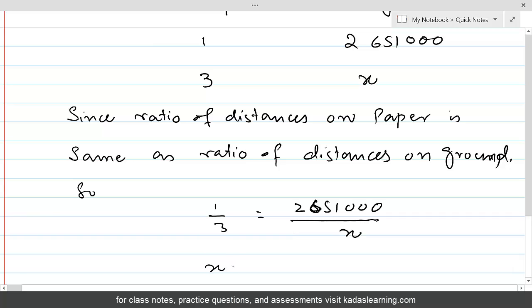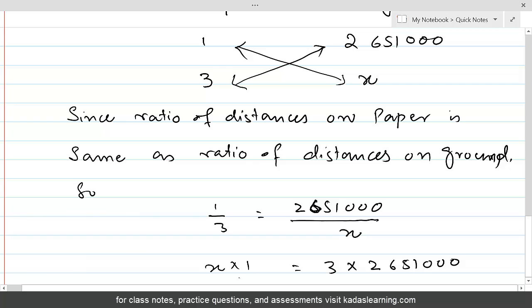So this will be x times 1 is equal to 3 times 2,651,000. And you see that if you were to follow this cross multiplication, this would be the same thing. 1 times x is equal to 3 times 2,651,000.